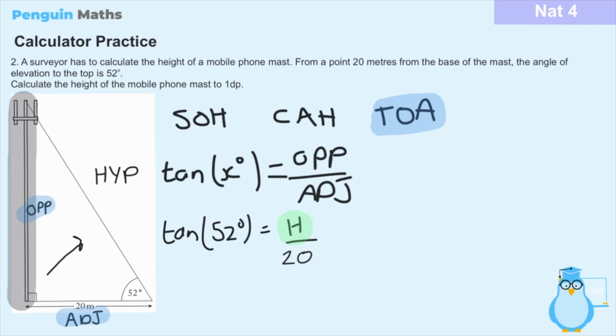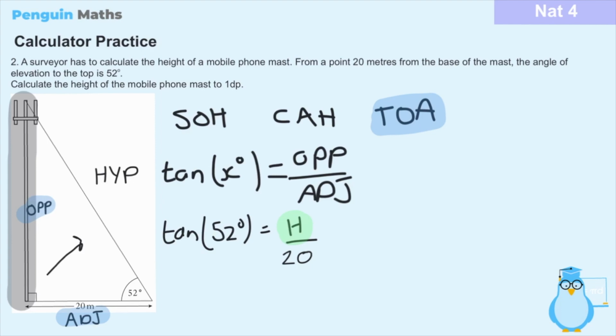So now we have a formula that says the height divided by 20 is equal to the tan of 52 degrees. If we want to calculate h by itself, we have to get rid of this 20 on the bottom, and the way to do that is to multiply both sides by 20, or simply take the 20 over to the other side and multiply, because if it's dividing on the bottom, when we take it over to the other side, it must be multiplied.